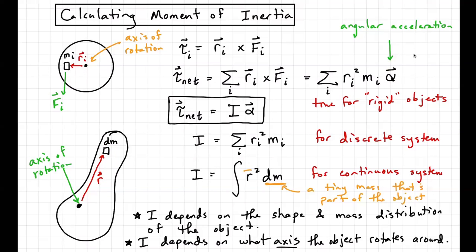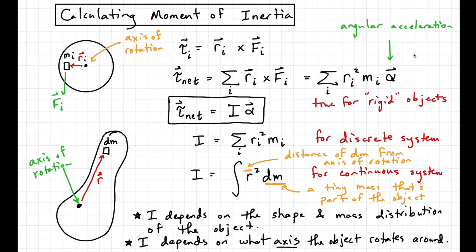And then r represents the distance of dm from the axis of rotation. Basically the same interpretation as with the discrete case, but now we have continuous variables here, and so we're going to integrate rather than sum. But the interpretation is more or less the same.